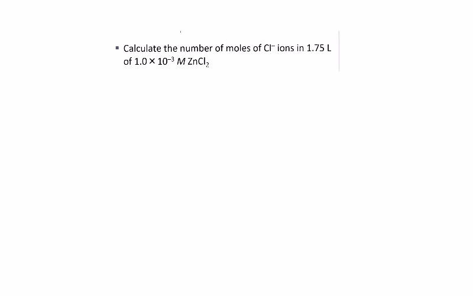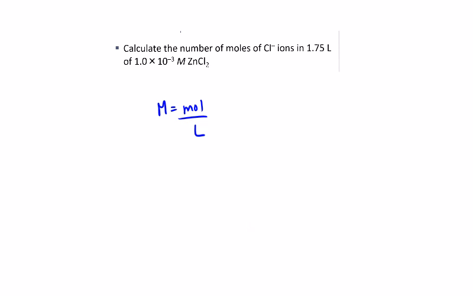Calculate the number of moles of chlorine ions in 1.75 liters of a 1 times 10 to the negative third molar zinc chloride solution. Okay, so using our formula, M equals moles over liters.